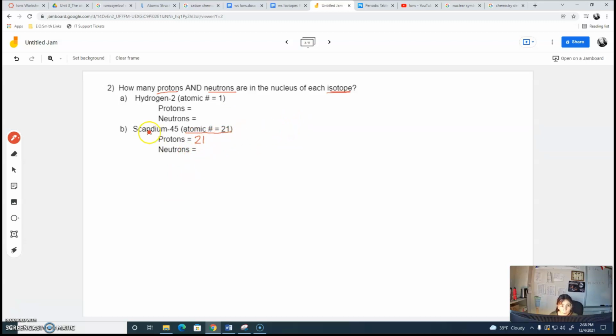Neutrons: looking at this isotope, I know that this number here is giving me the atomic mass, because that's how we write isotopes. So I know that the number of protons plus the number of neutrons gives me my atomic mass, which in this case is 45. Well, the number of protons, I just said, is 21. So 21 plus what number equals 45?